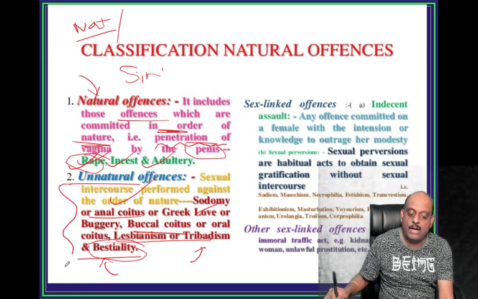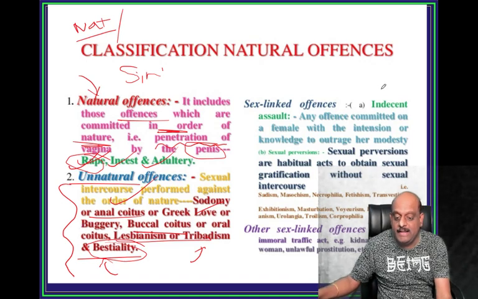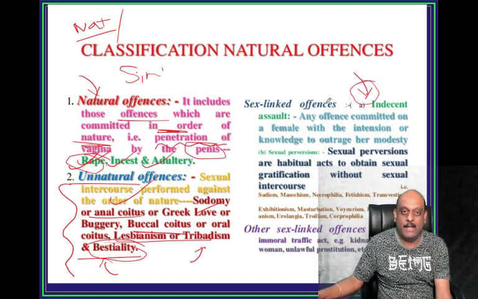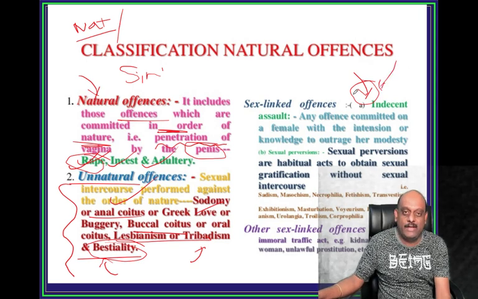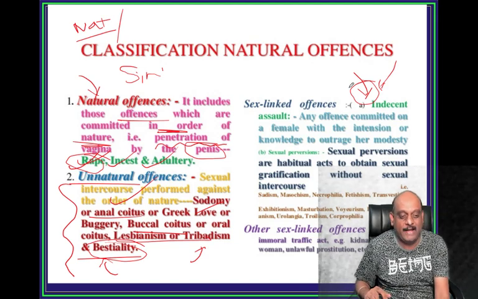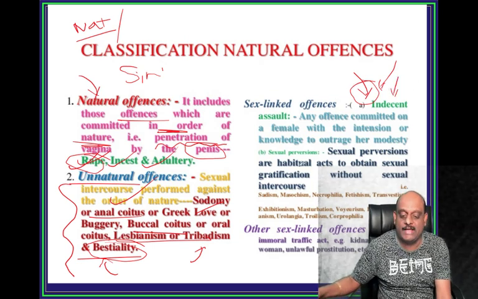So these are all called unnatural offences. Whereas indecent assault: a police officer was fully drunk in a party and went and tapped on the buttock of another administrative officer. So that is called indecent assault.